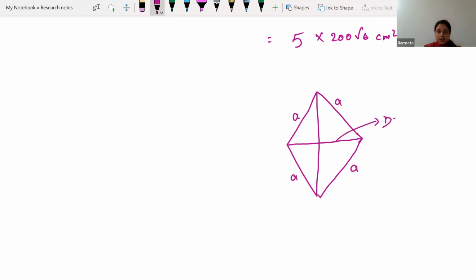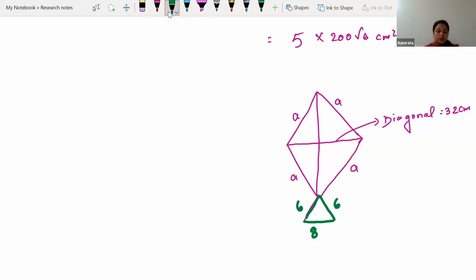Diagonal of this kite is given as 32 centimeter and an isosceles triangle of base, so here we are having an isosceles triangle. This one is an isosceles triangle of base 8 centimeter and sides 6 centimeter.